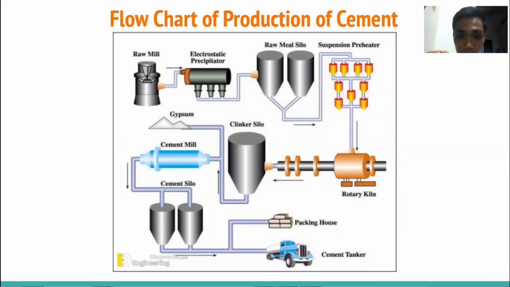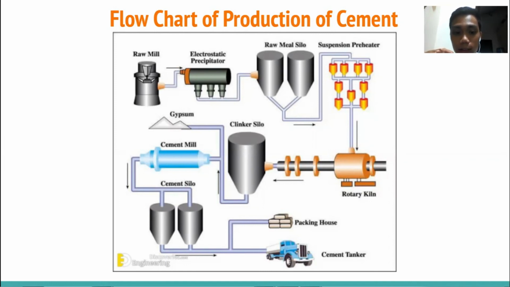Kiln, being the heart of the cement production, is basically a giant rotating furnace that heats up from the exit side by the use of coal or natural gas. It heats up the material, causing a series of chemical reactions which form your calcium silicates and calcium aluminates, which are the primary constituents of cement.